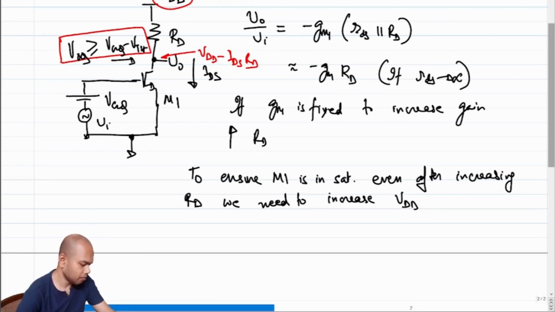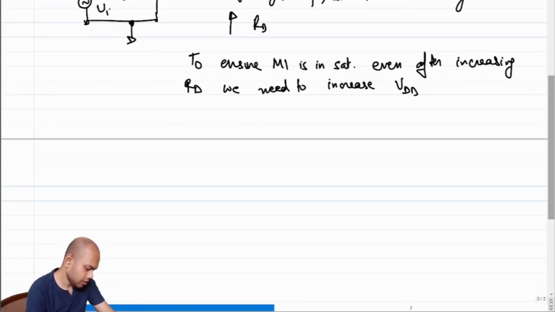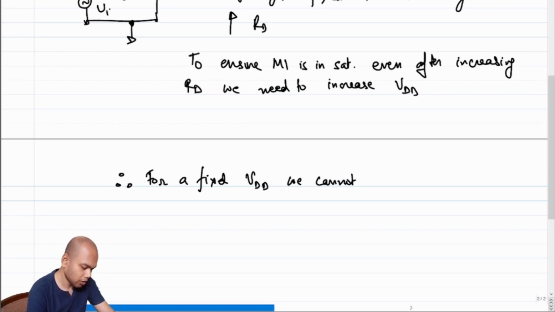Now if that is the case, that limits the maximum amount of gain that I can get out of a common source amplifier configuration, right? Which means that for a fixed VDD, we cannot increase RD indefinitely.